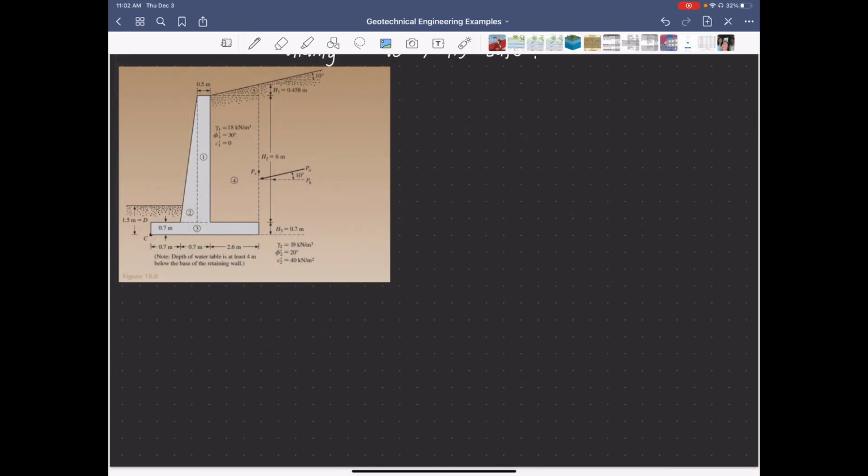Lastly, we would want to determine the factor of safety against the bearing capacity failure.